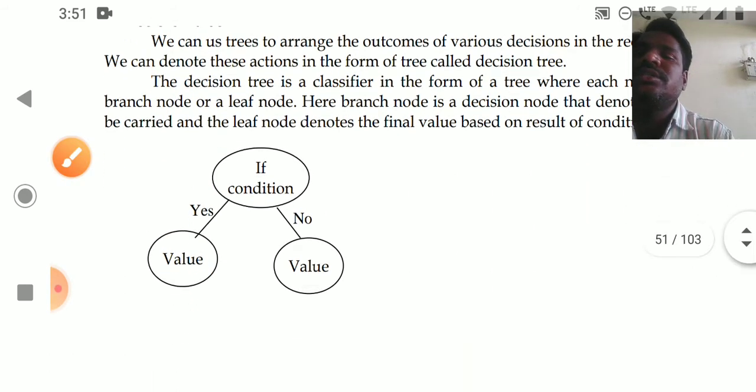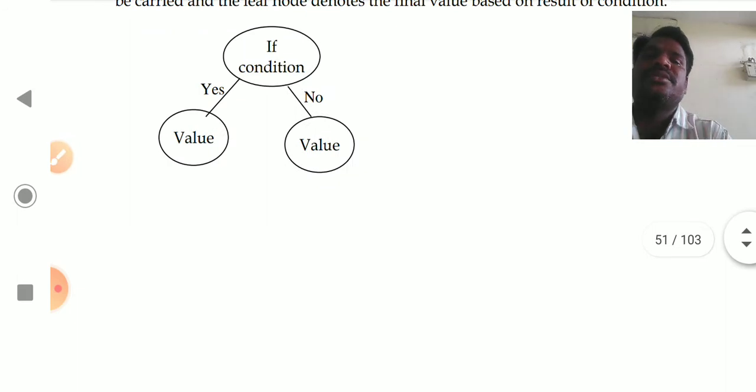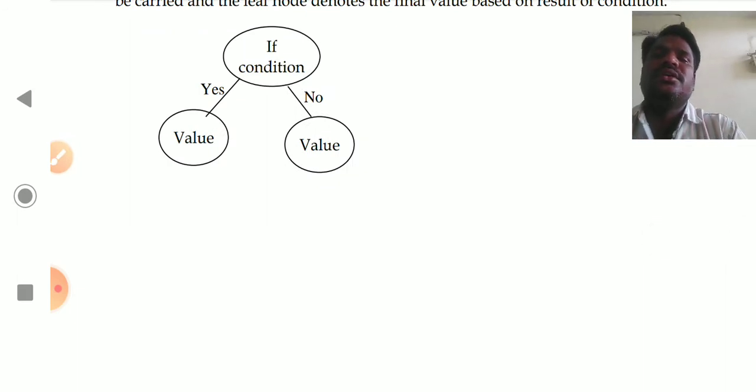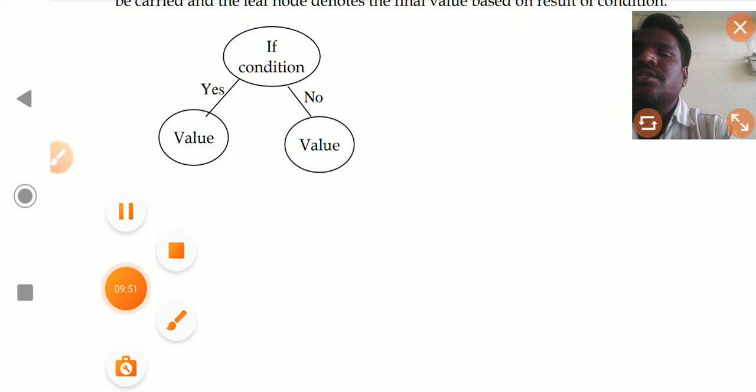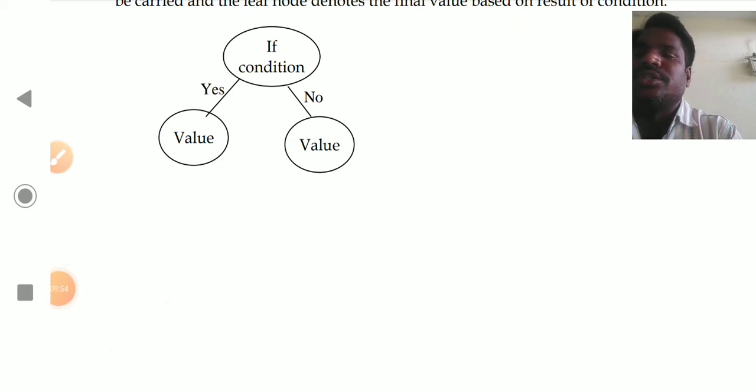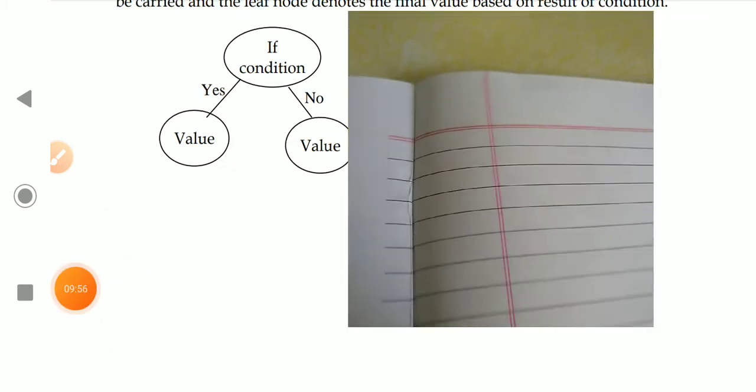Okay, students, these are the major topics among all the topics we have covered in chapter 7, the trees topic. This is the end of this unit's chapter. What have you studied in this?